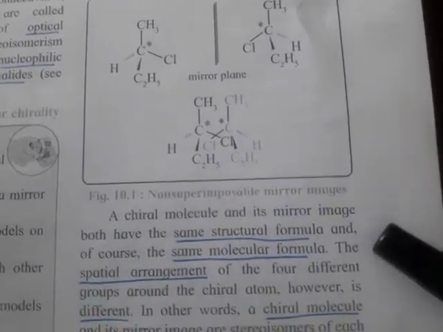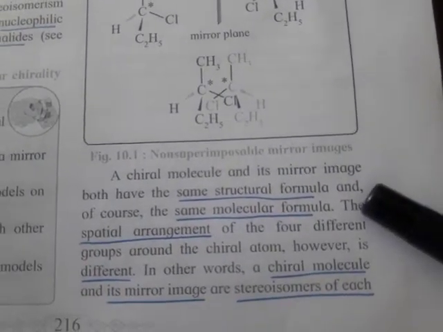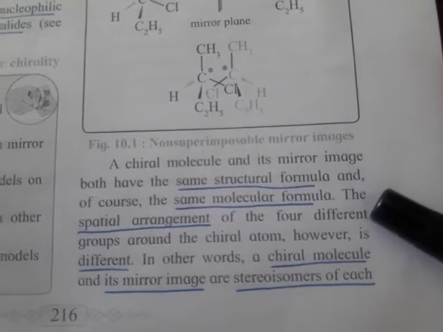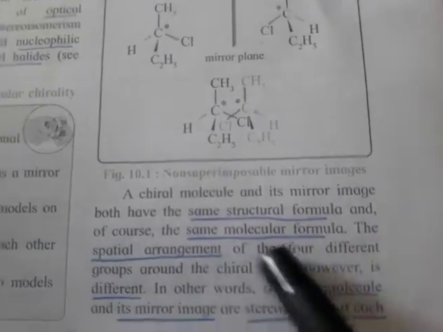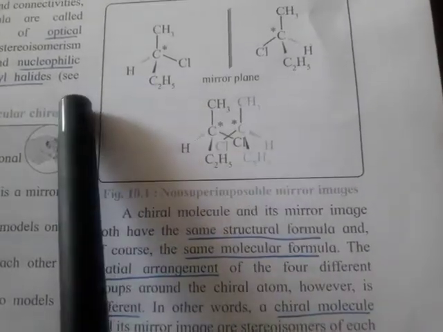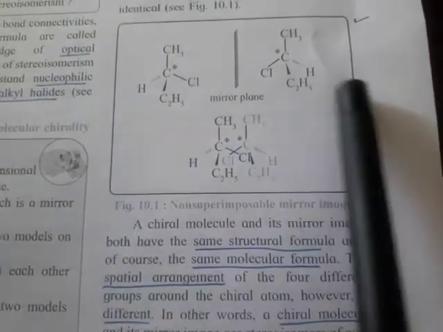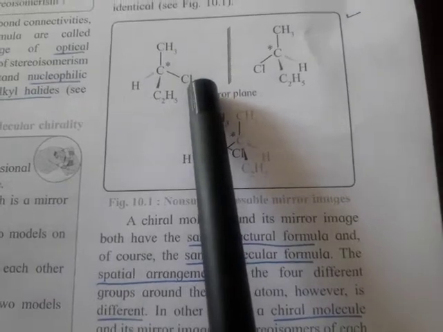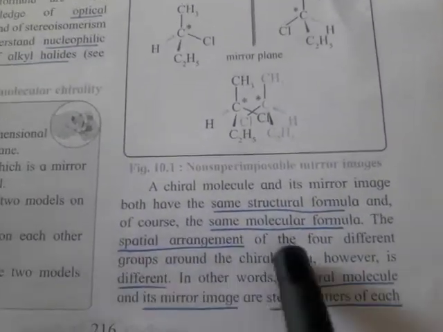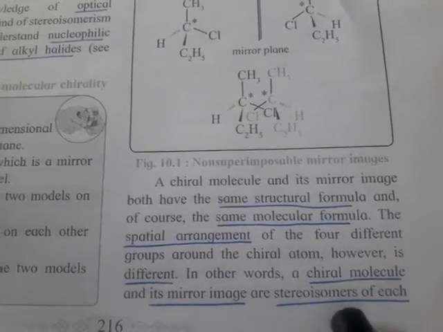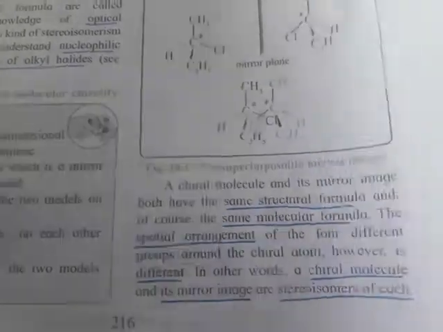These optical isomers have the same structural formula, same molecular formula, but different spatial arrangement. See, here hydrogen is on the left side, here hydrogen is on the right side. Here Cl is on the right side, here Cl is on the left side. So the spatial arrangement is different. So these are optical isomers.